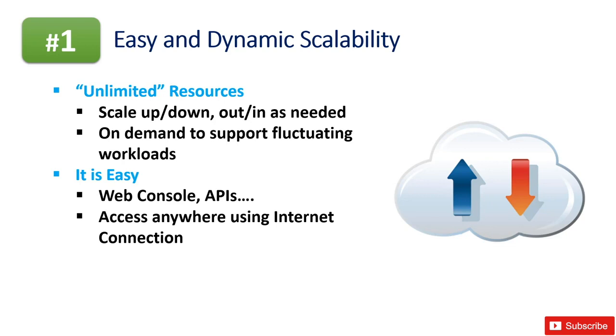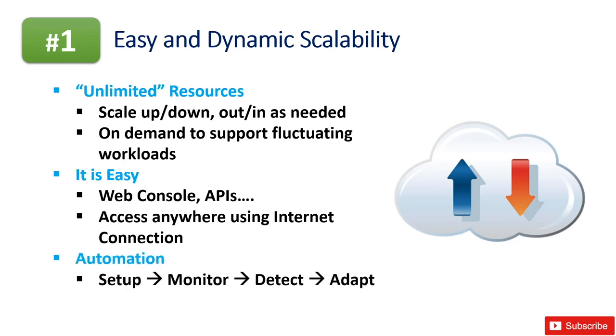And the last thing related to dynamic scalability is automation. You can automate the scaling in your system by setting conditions, monitoring and detecting overutilized or underutilized resources, and adapting the system as needed. Easy and dynamic scalability is a powerful advantage related to public cloud service.